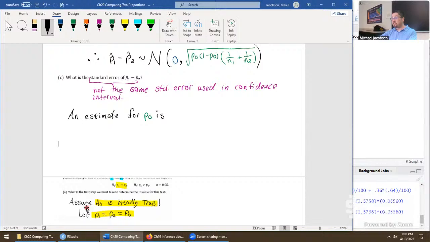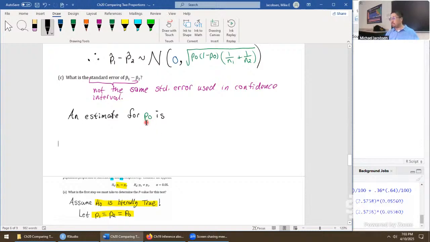But if you assume the null hypothesis is true, this line is saying your populations were the same. They behave the same. The parameter is the same. And therefore, if you're going to estimate this parameter p naught, just go back to your sample data. P hat 1 is estimating the same parameter as p hat 2. We're essentially saying it came from the same population.